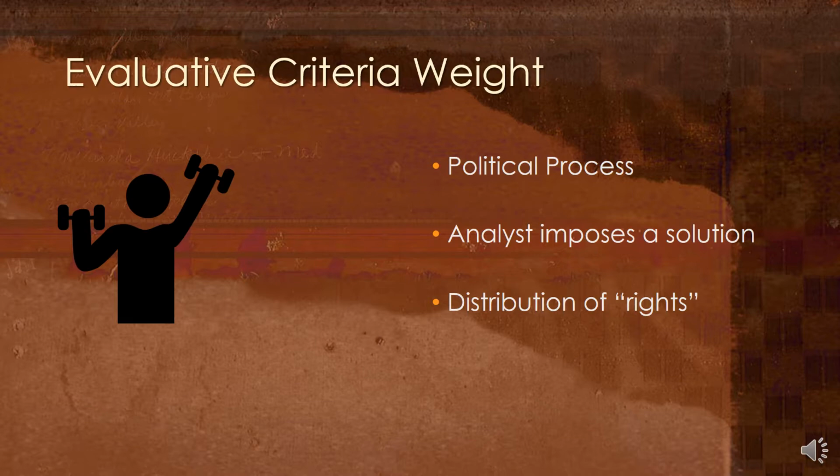We have to, again, look at what's the best, not necessarily the net price, but what's best for the underrepresented, those that are in that area. And then lastly, we have the distribution of rights. This one is when we're weighting policies, are we trumping a right? Are we invading some type of right?